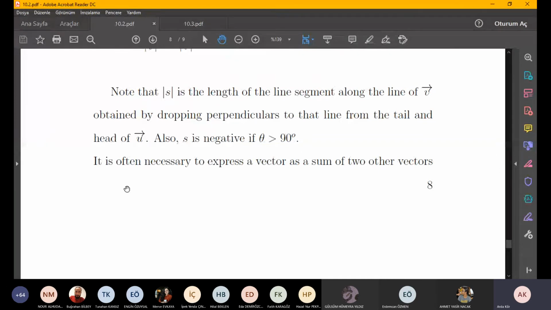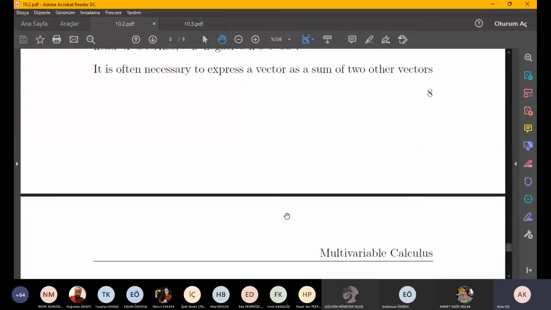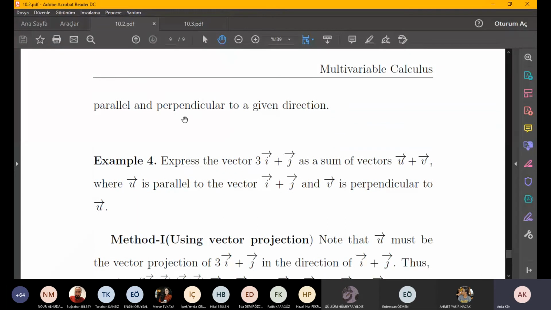It is often necessary to express a vector as a sum of two other vectors, parallel and perpendicular to a given direction. Let's try to see what it means here. We will try to express the vector 3i plus j as a sum of vectors u plus v, where u is parallel to the vector i plus j and v is perpendicular to u.